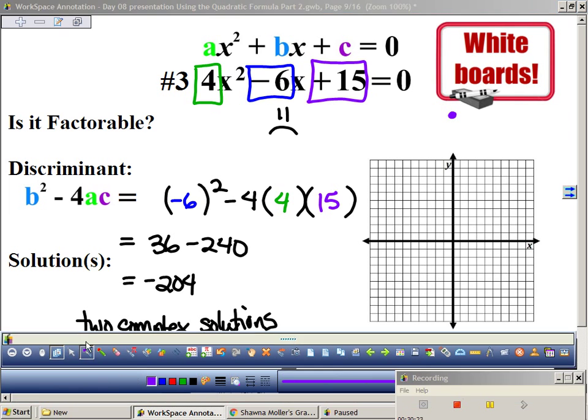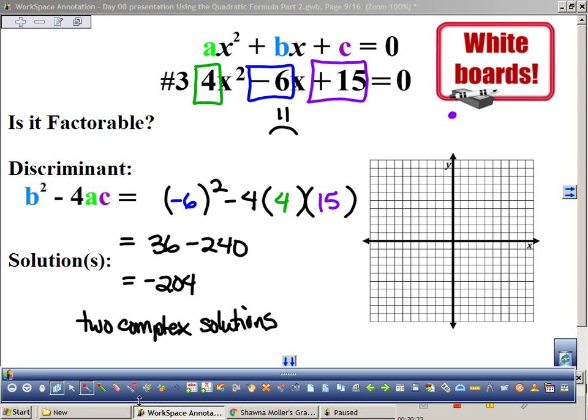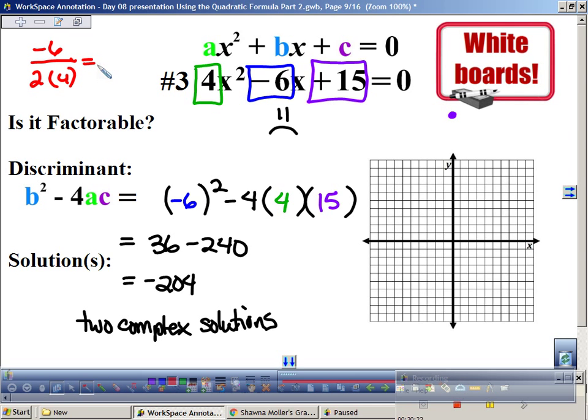Let's find it. My axis of symmetry is negative b over 2a, or negative 6 over 2 times 4. So that's negative 6 over 8, which is negative 3/4.